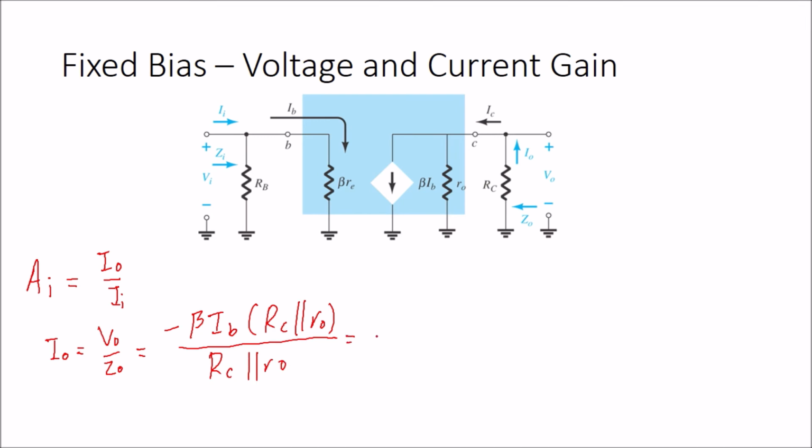This one actually equals minus beta IB. And for I in, we can use the same law, Ohm's law, V in over Z in. V in we calculated just now as IB times beta RE. Then Z in is RB parallel with beta RE.